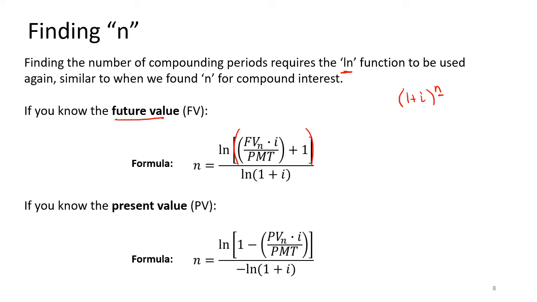On the flip side, if you know the present value, then your total number of payment periods is equal to the ln of everything in this bracket, 1 minus the present value times the periodic interest rate divided by your payment, and that's divided by the negative ln of 1 plus i.